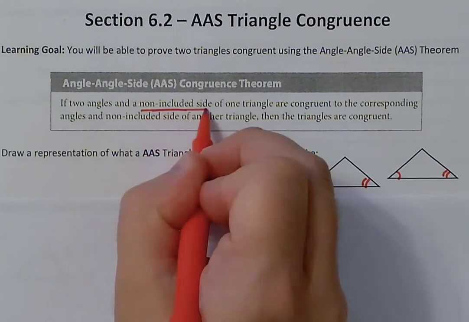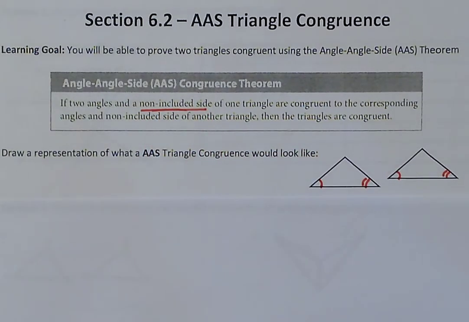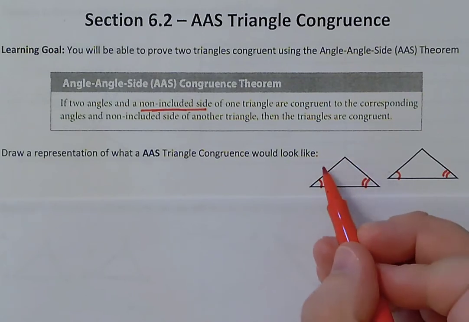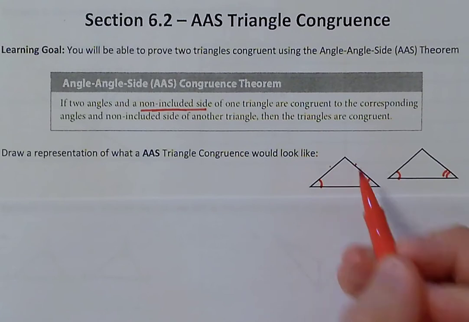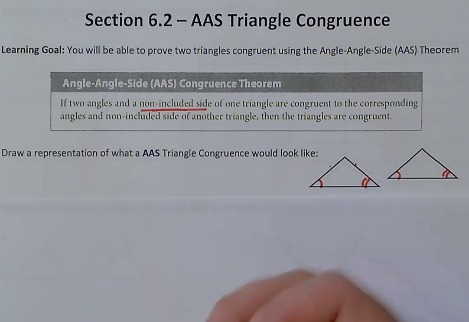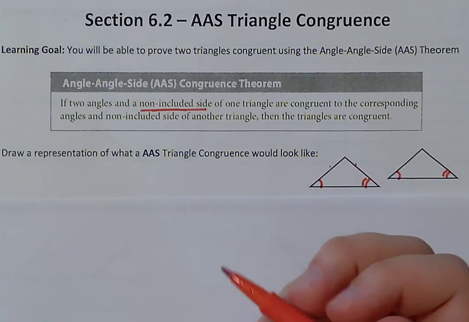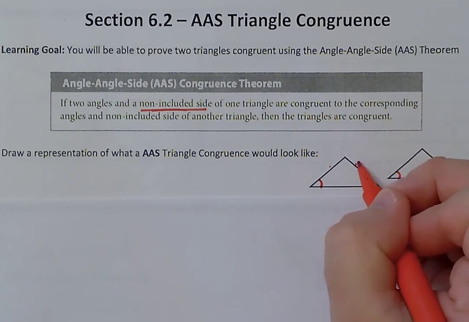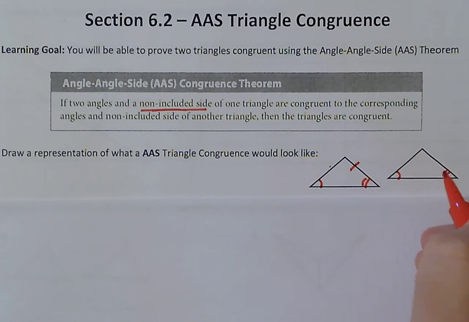So this one's talking about the non-included side. So that means I don't want to talk about this side right here because that would be ASA. So that means it just needs to be one of the other two sides. Doesn't have to be a particular one, it just has to be one of them. So let's go with the idea that this side needs to be congruent to this side.